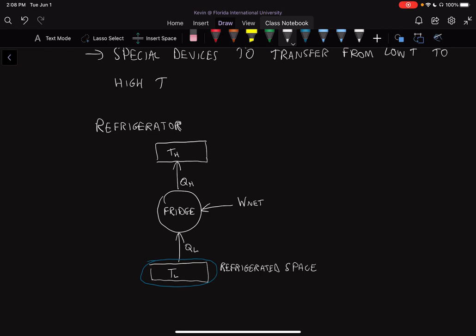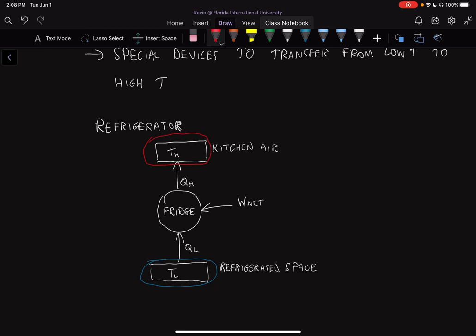Then it goes through the fridge system, which we're going to zoom into in a second, and releases some hot air to the environment. So that would be, for example, your kitchen air. The top part would be the warm part, and this would be your kitchen air essentially.